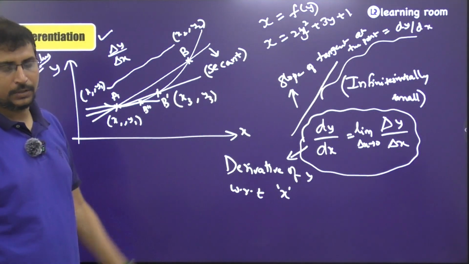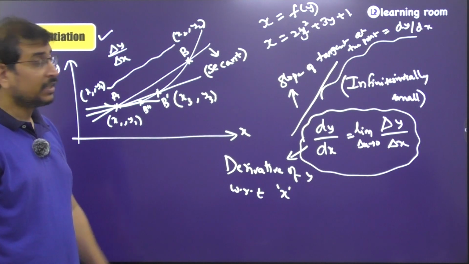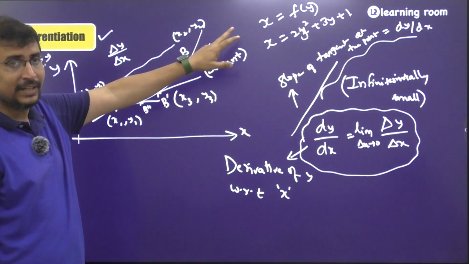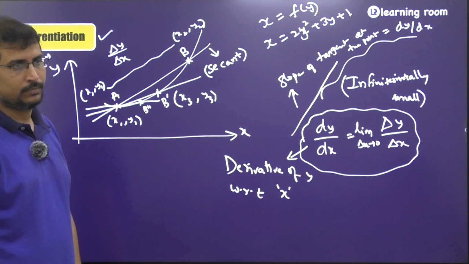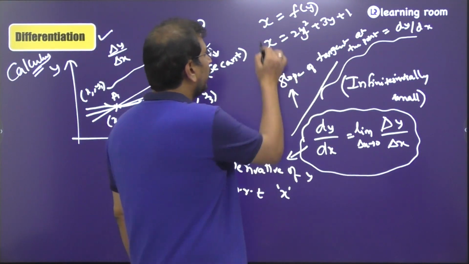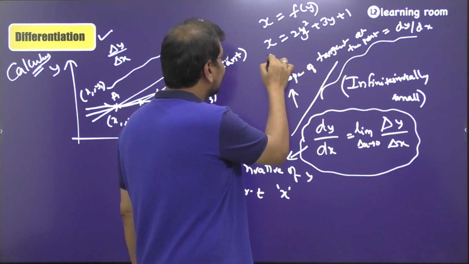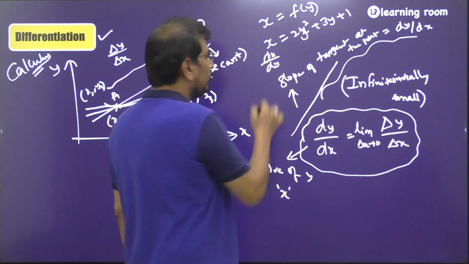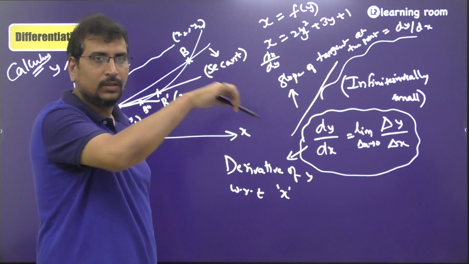I just change the variables. But if they take the exact meaning of x and y, then the x and y coordinates will get interchanged. Are you able to understand? So if I want to differentiate this, I'll not write it as dy by dx. I'll write it as dx by dy. Because it is the derivative of the dependent variable with respect to the independent variable.